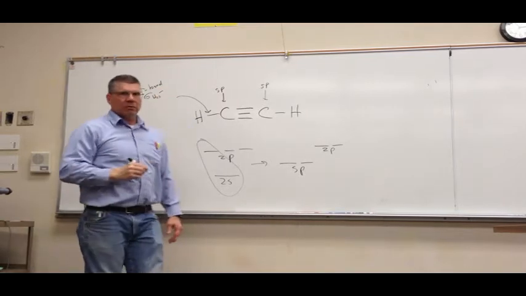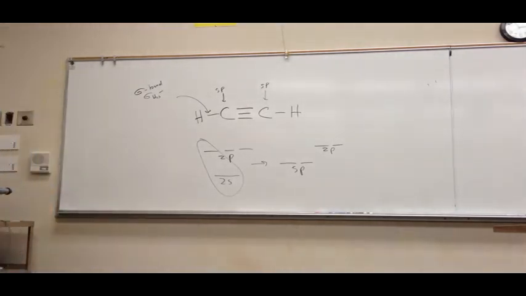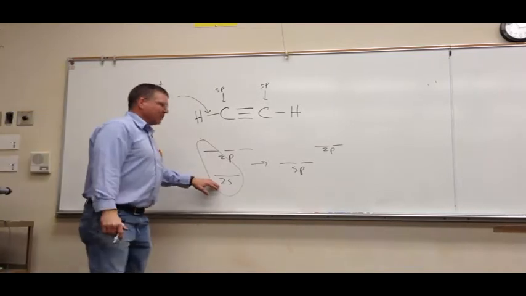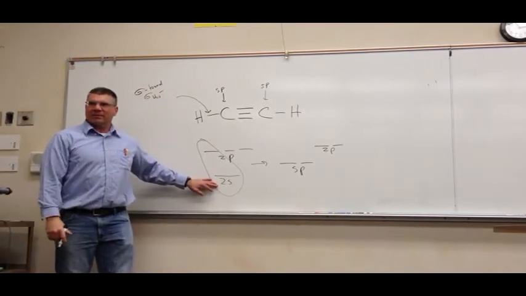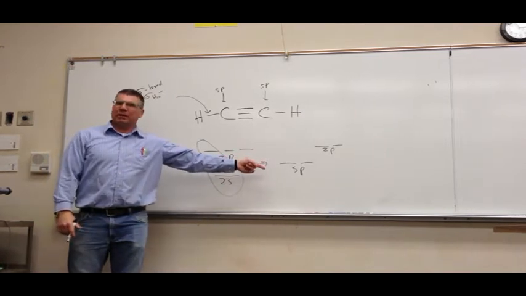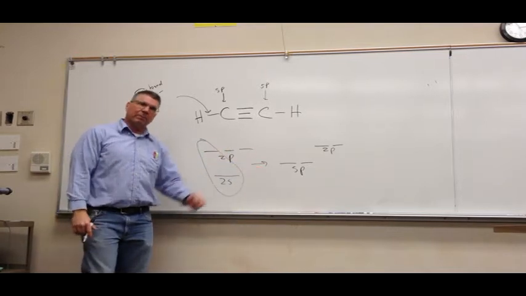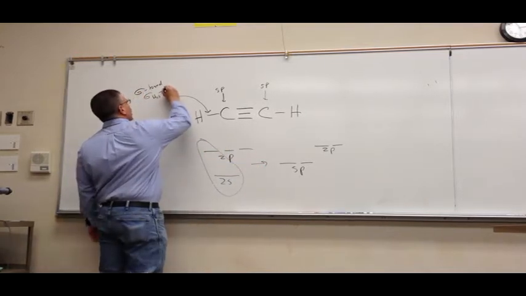What kind of orbital is it overlapping with on the carbon, do you think? What happened to that 2s? It's not there anymore, right? It's mixed in with the p's, and so it made the hybrid orbitals. So it's overlapping with the sp on the carbon.